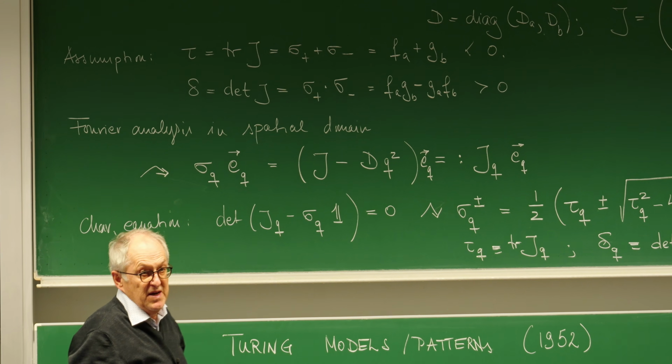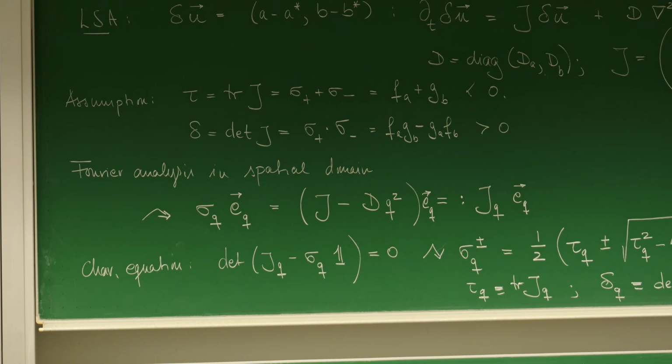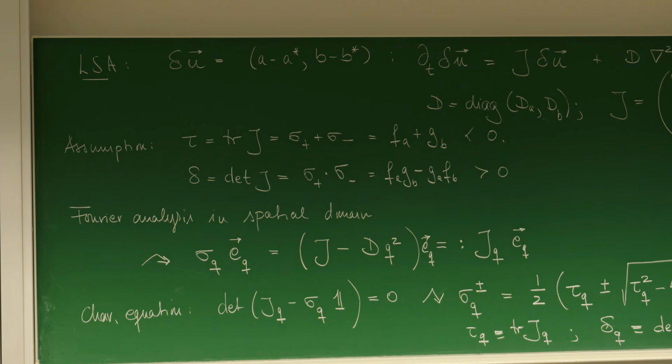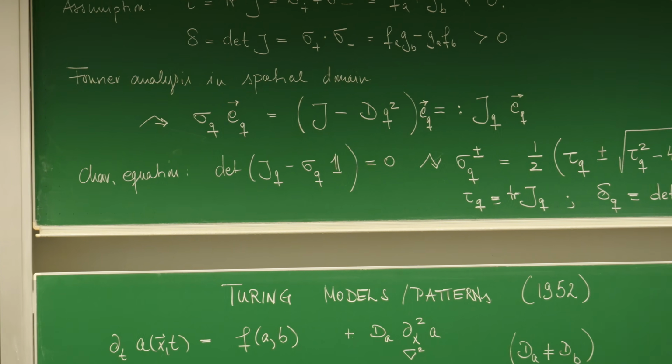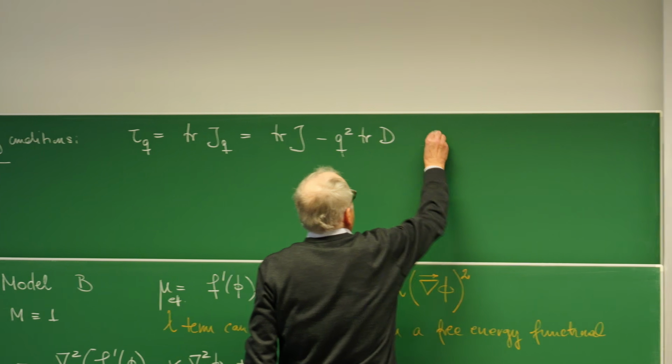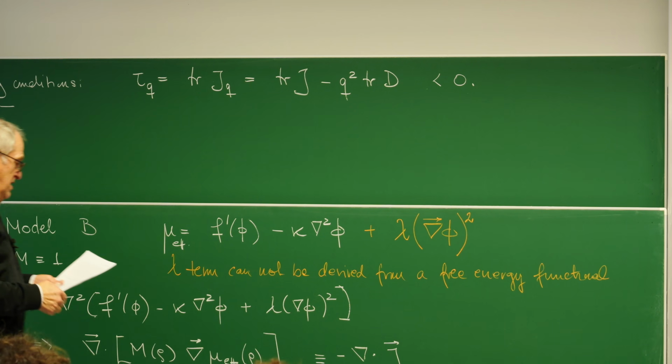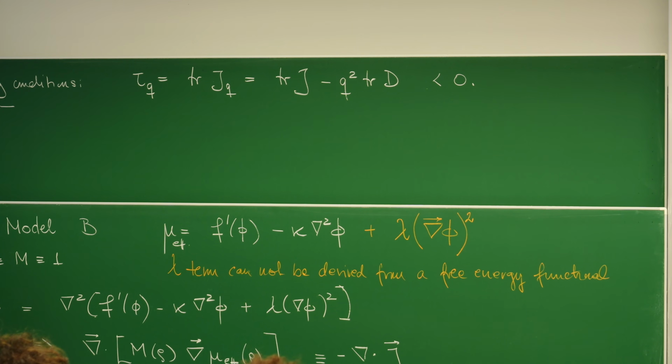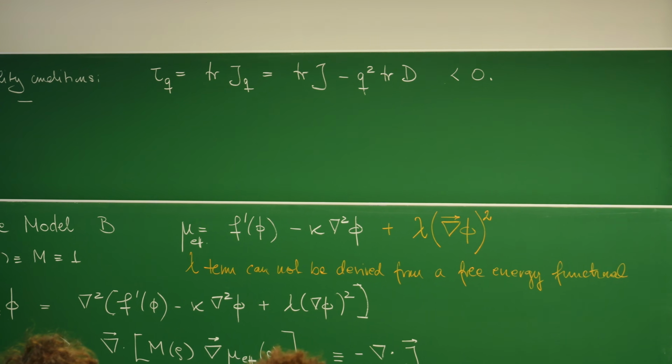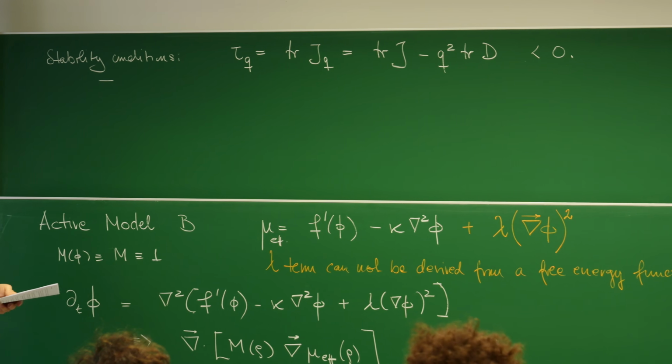That means the trace of J is negative. I'm subtracting something which is for sure negative. So this is for sure negative as well. And that means the sum of the eigenvalues has to be negative also in this general case.